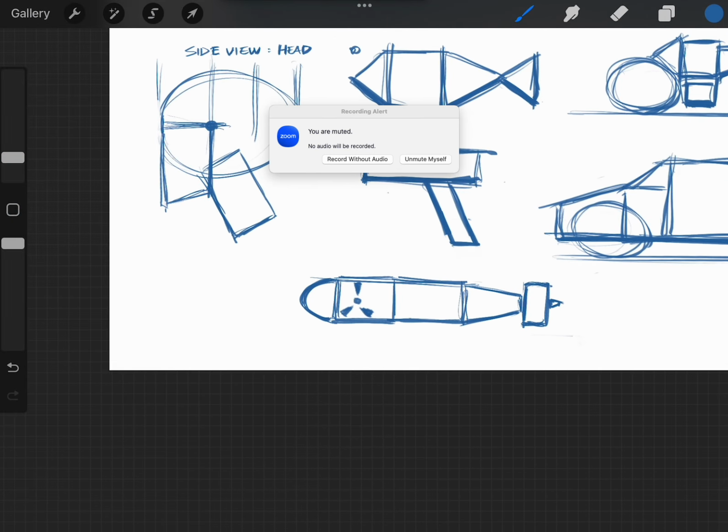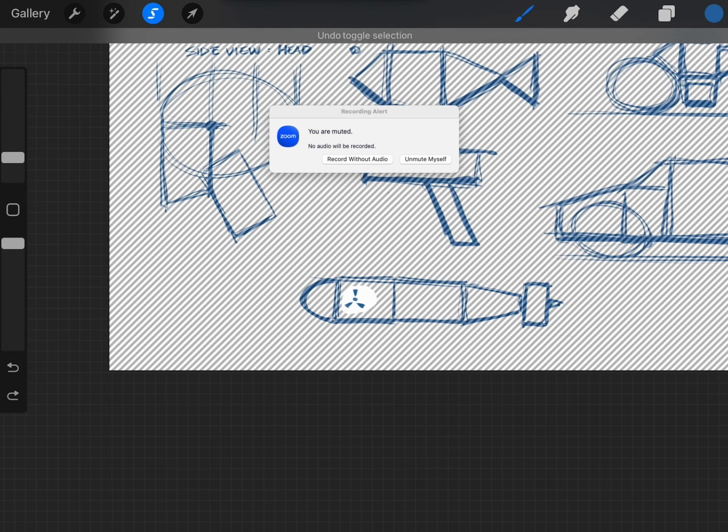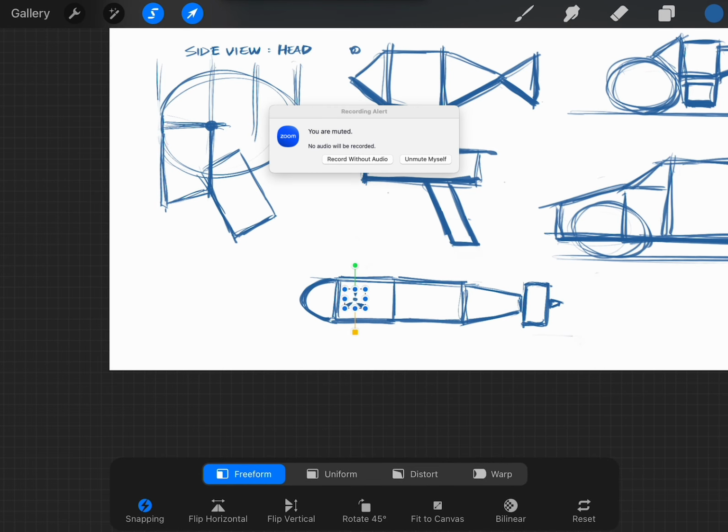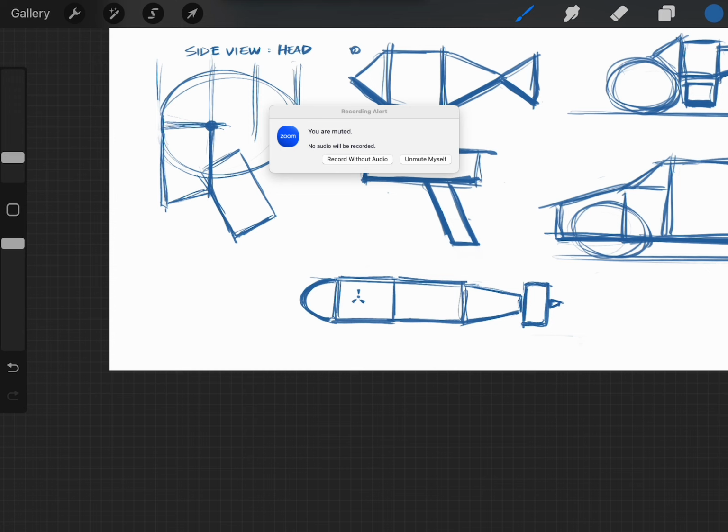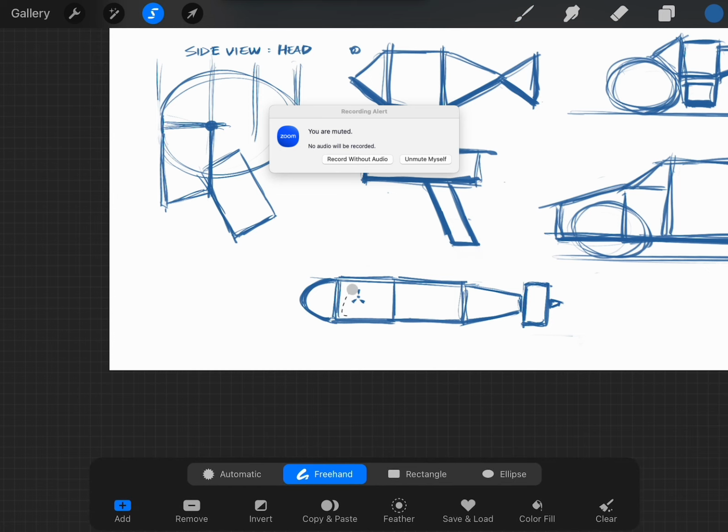Like this feels like a small bullet. Versus if I shrunk this. So what if you make it bigger? It'll feel more like a nuke, for some reason.